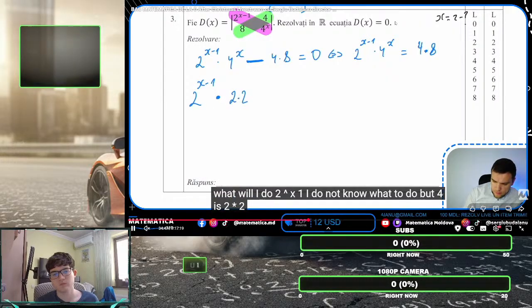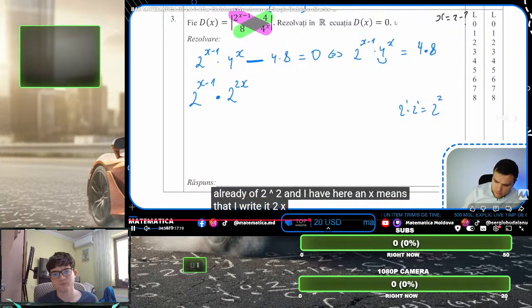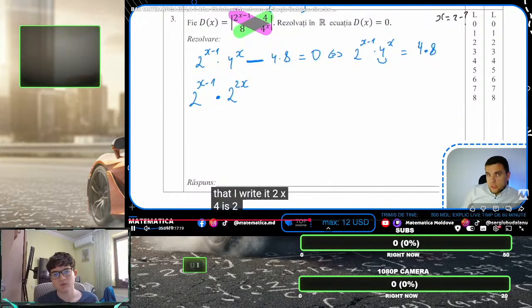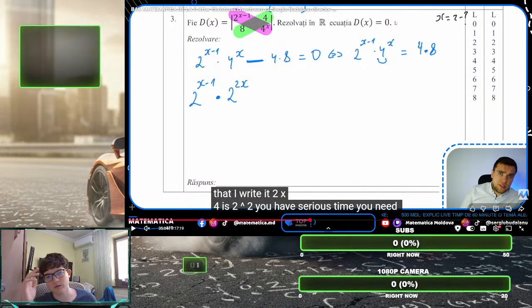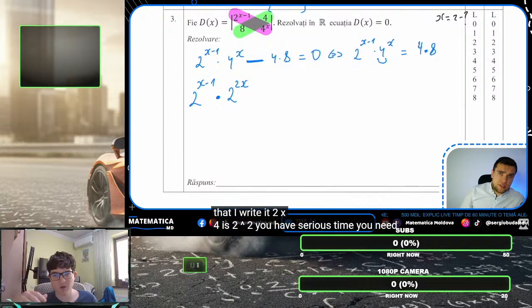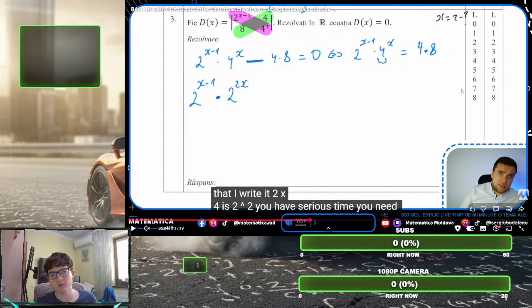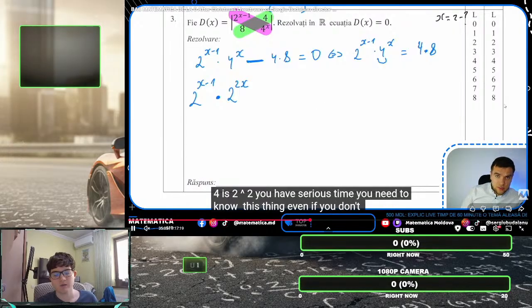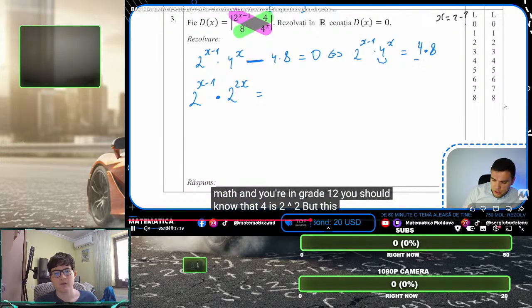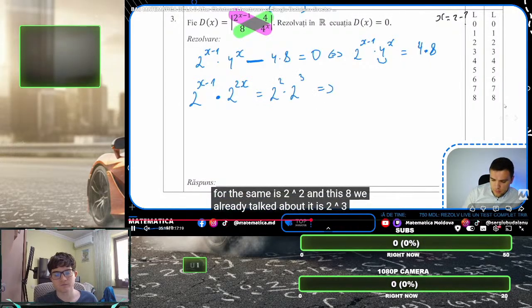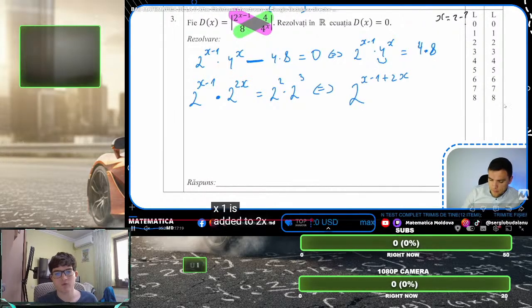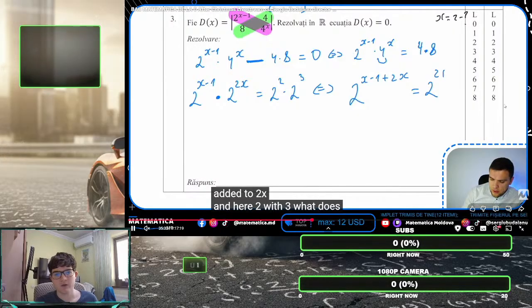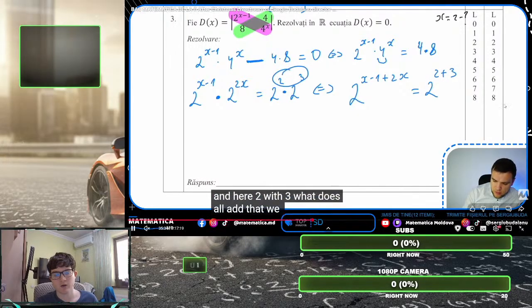Essentially, what he did here is he made 4 into 2 to the power of 2, and moved the 2 near the x. Yeah, you can do that, but let's see how that helps. Now he works with base 2, so he converted those numbers to powers of 2, and combined the powers on both sides.